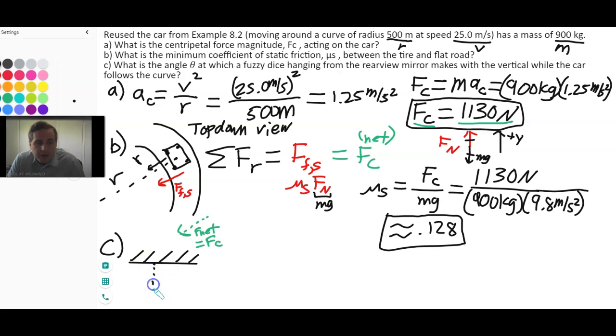If this is straight down vertical, we should be able to sketch the cord, and I think that the fuzzy dice will hang, and let's give the fuzzy dice maybe the 5 facing you. Okay, so this is the center of the fuzzy dice. Well, you could take a look at this object and look at all the forces on it. So let's in fact look at all the forces on it.